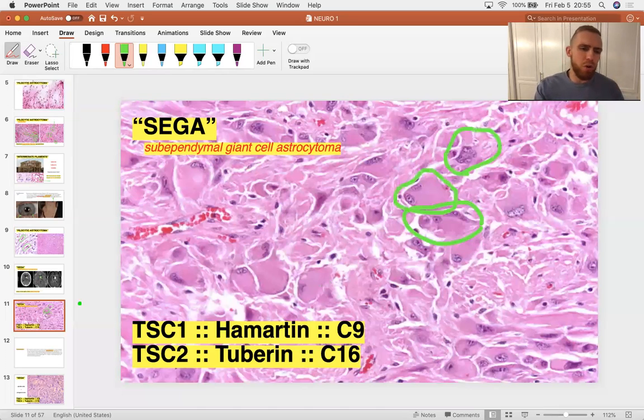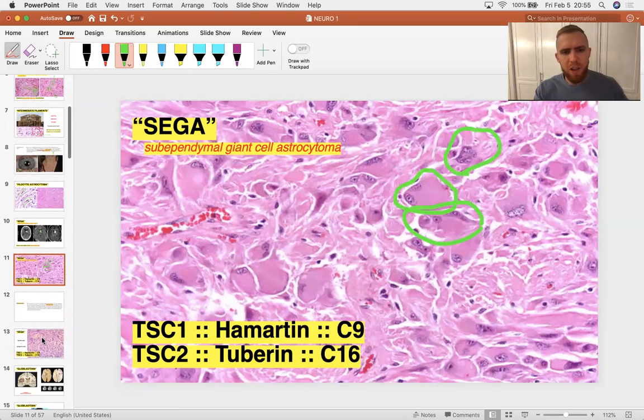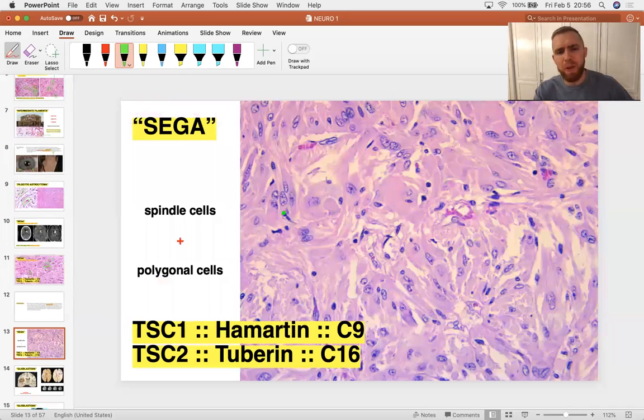And if they don't show you an image with any giant cells, then there will at least be some polygonal cells. You know, polygonal just means many-sided. So like this right here, 1, 2, 3, 4, 5. That's a pentagonal cell. Yeah, that's a standard geometric shape. So that's what you see in the SEGA, as well as some spindle cells.